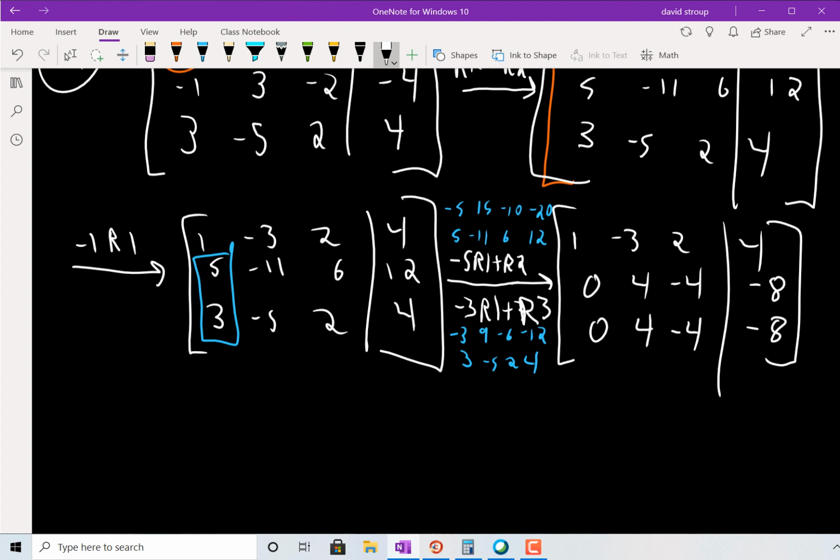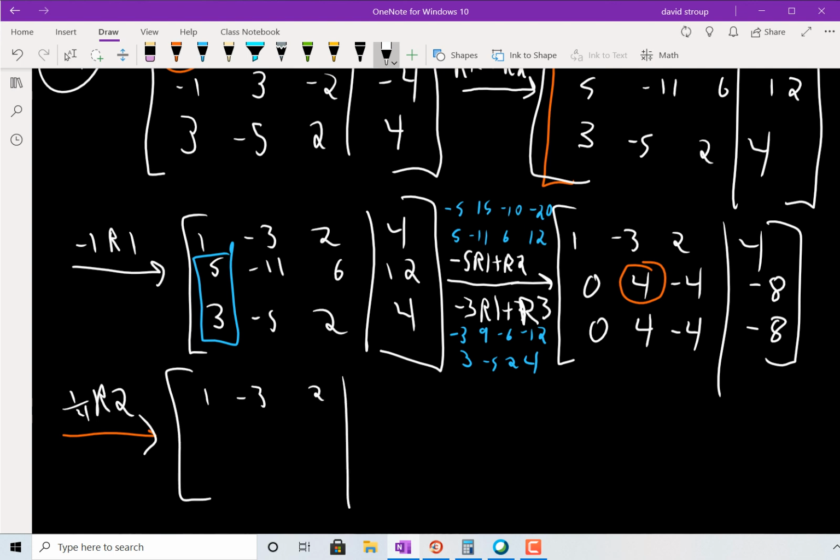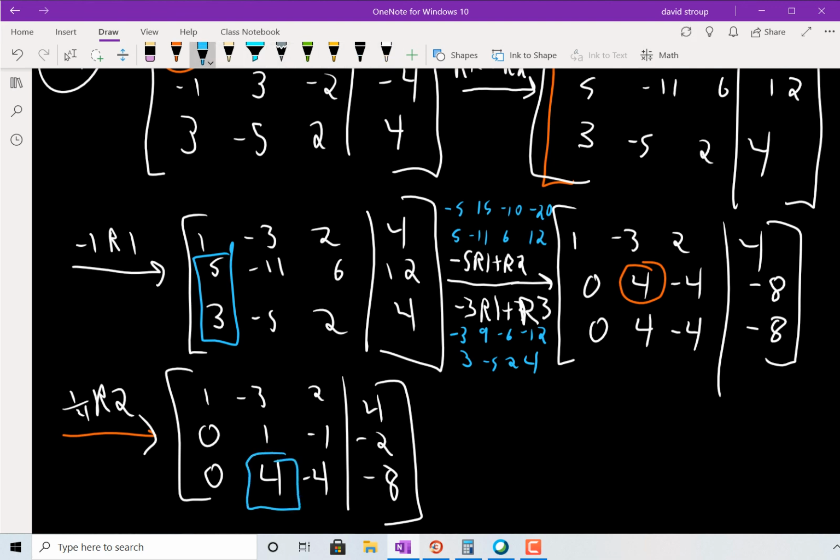So anyways, if I was just proceeding blindly, like a computer, my next task would be to get a 1 in the next pivot position. So I'm just going to go 1/4 times row 2. And I would have 1, -3, 2, 4, 0, 1, -1, -2, of course 0, 4, -4, -8, and then you're trying to get zeros underneath the pivot position.